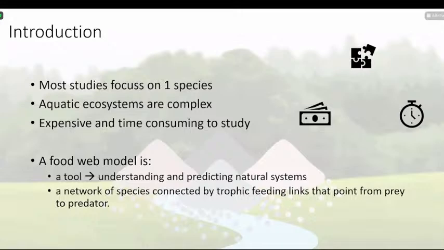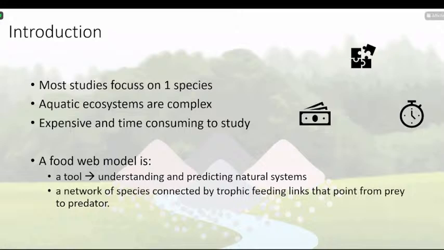So, as you might have understood, most studies focus on one species, as is recommended by the International Standard Operating Procedures. Examples of this we have seen from Edith and Marion's talks, but also from what you have done yesterday in the lab. This is not necessarily a bad thing, as it helps us understand how an individual species or an individual organism is impacted by contaminants, such as rare earth elements. But it's also due to the fact that aquatic ecosystems that we find in nature are very complex.